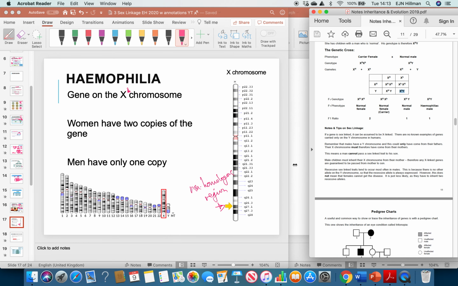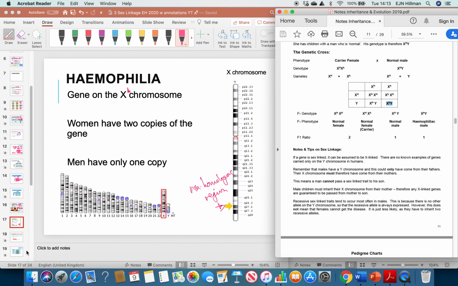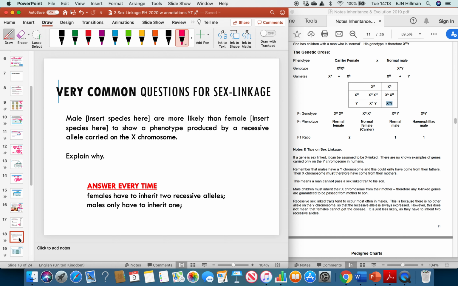So there are some little hints and tips for sex linkage, and as I said, recently the questions involving inheritance and genetic cross diagrams have nearly always involved some form of sex linkage. Typically you might have a question something like this: males are more likely than females to show a phenotype produced by a recessive allele on the X chromosome.